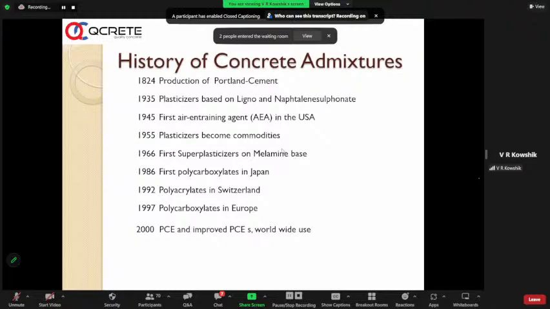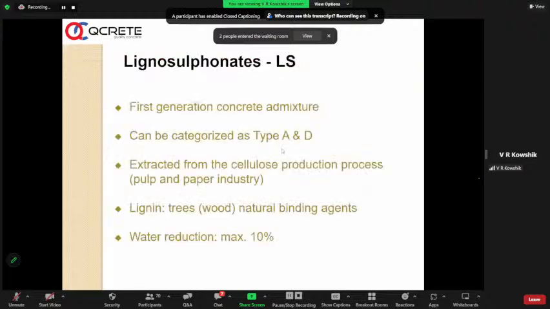From the period of 2000 onwards, the entire way concrete is produced, transported and finished has completely changed. As I said earlier, lignosulfonates, which come from the paper pulp industry, basically from wood, came into existence, with water reduction of approximately 10%.